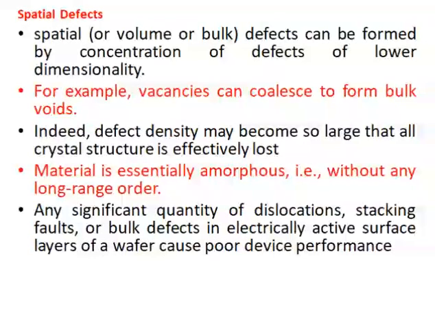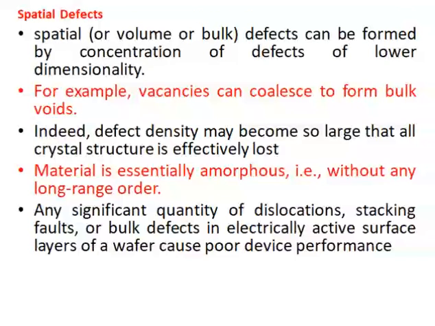Now the last one, as we have said, we have point, line, plane, and the last one is what we call the spatial defect. Sometimes we call it a volume defect. This kind of defect is formed whenever we have a concentration of other defects of lower dimensionality.